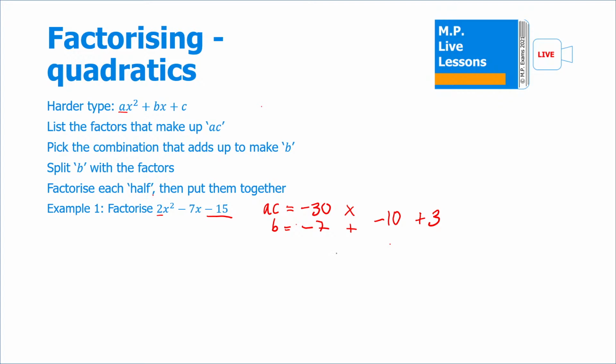So if we split x like this, so we'll have minus 10x, then plus 3x. So we write it out as 2x squared minus 10x plus 3x minus 15. And you split them down the middle and factorize each half.